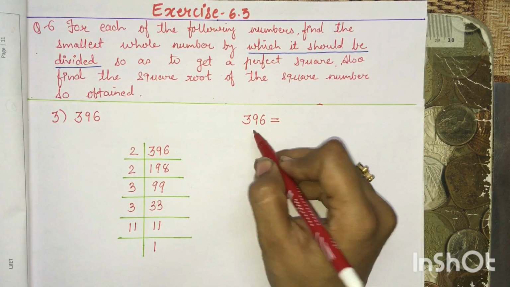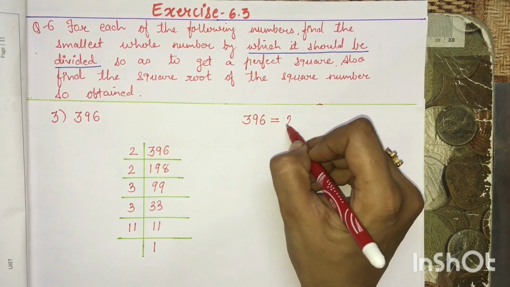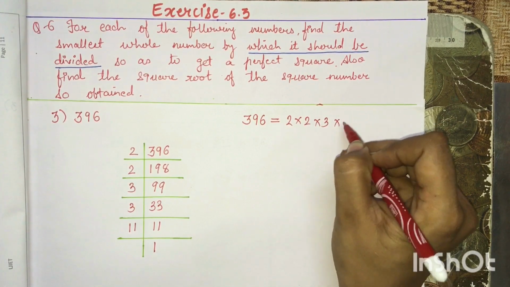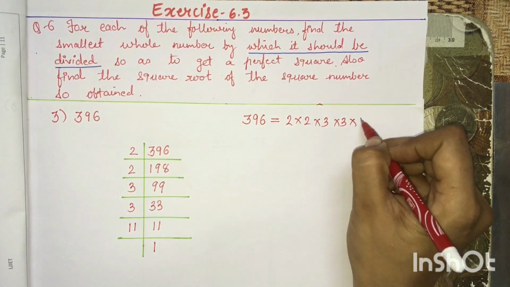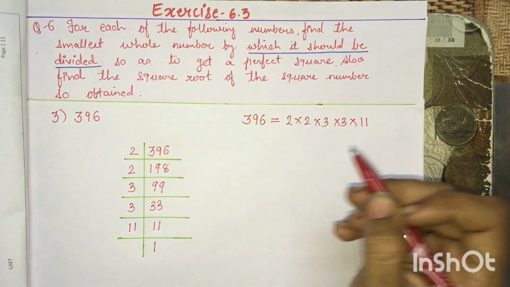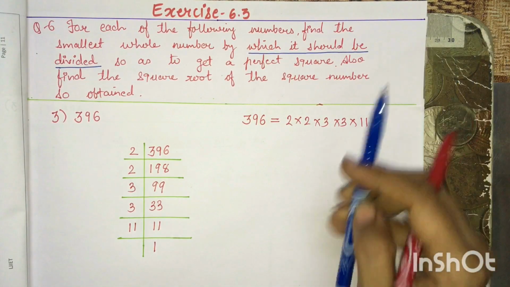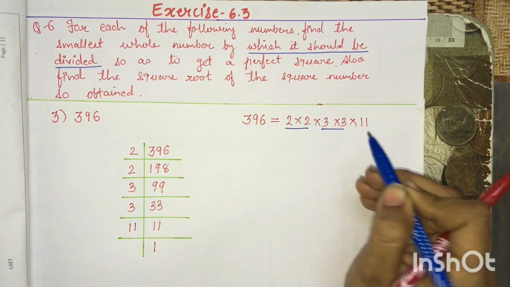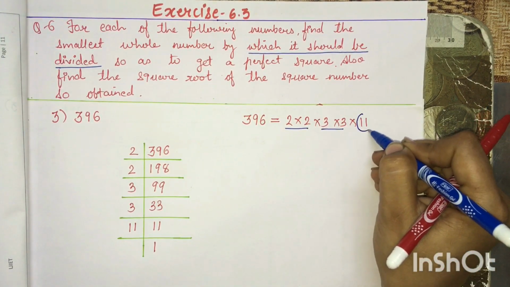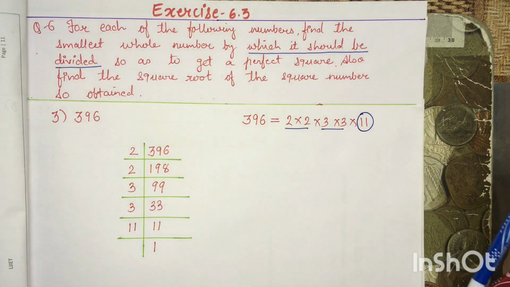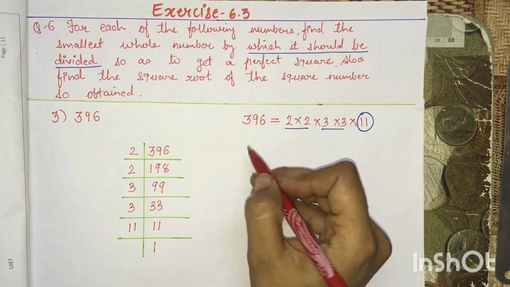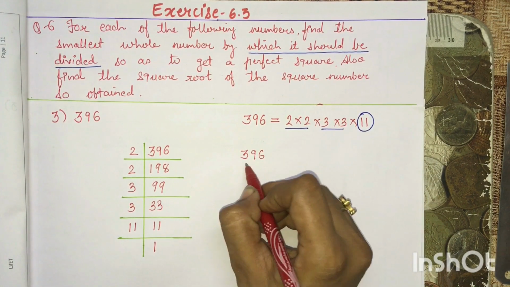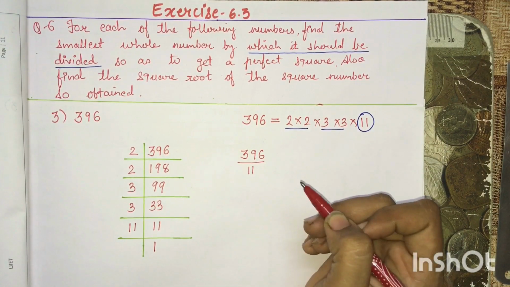So the factors of 396, I will write over here, that is 2 into 2 into 3 into 3 into 11. Now pairing the factors, here 11 is left, which is unpaired. So here what I'll do is divide number 396 by 11.